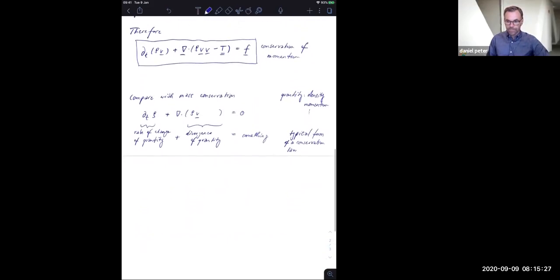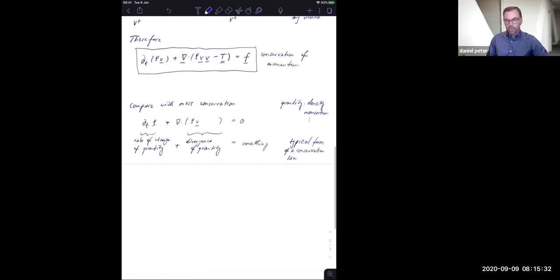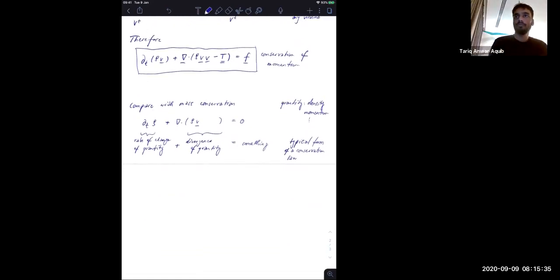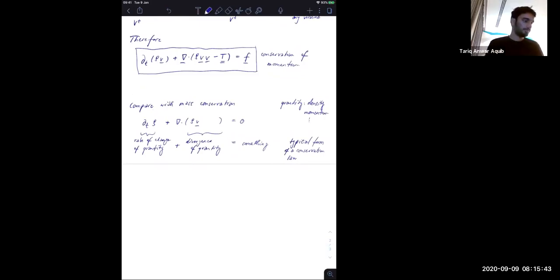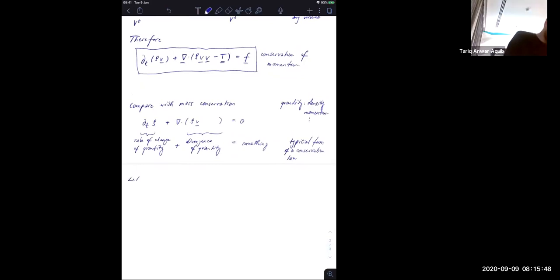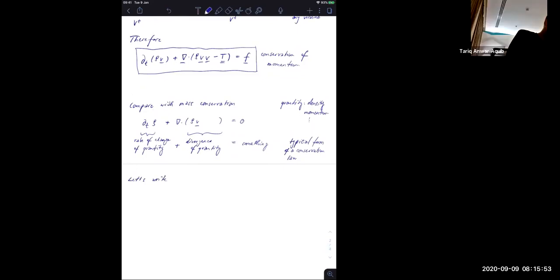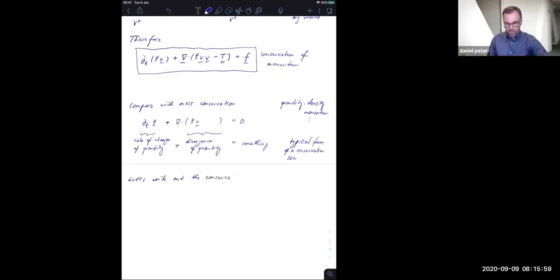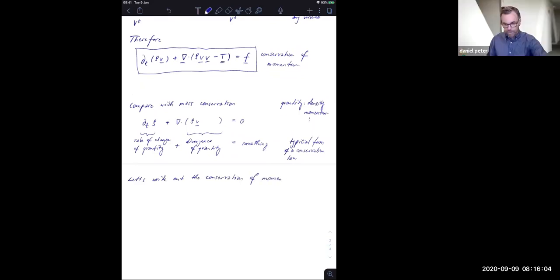So let's write down again the conservation of momentum. And like last time where we switched the perspective from a Eulerian to a Lagrangian perspective, we do it for the conservation of momentum as well. Let's see what we end up with. So let's write out the conservation of momentum from above.